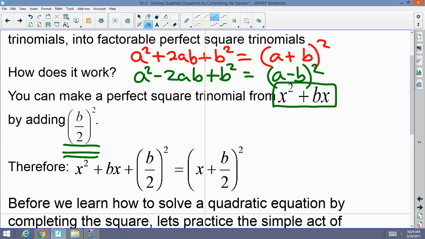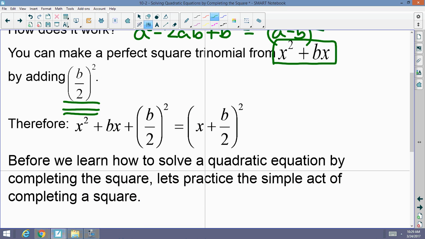When you take your b, which is the coefficient of x, and divide it by 2 and square that, I promise you, you're going to have a perfect square trinomial. That's the goal.